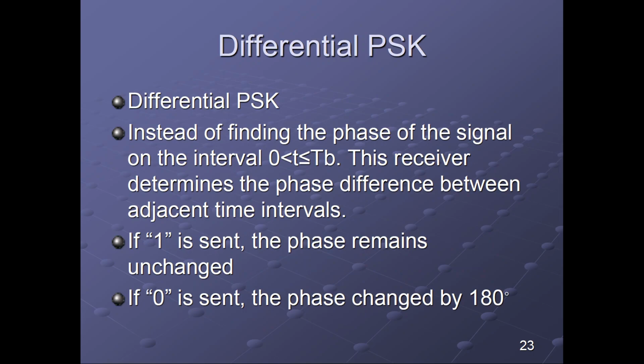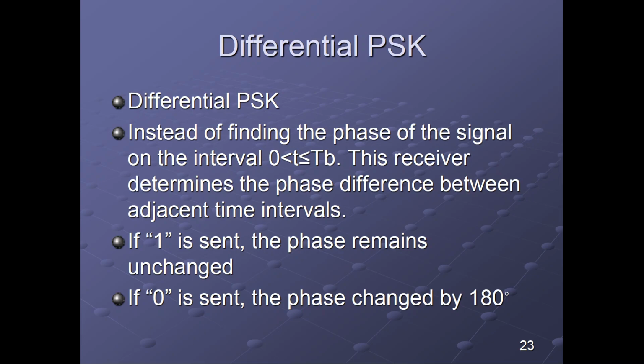In differential phase shift keying, instead of finding the phase of the signal on the interval from 0 to TB, the receiver determines the phase difference between adjacent time intervals. So the receiver's task is not to determine the phase of each symbol at a time, but you measure the phase of two consecutive symbols and find the difference between them.